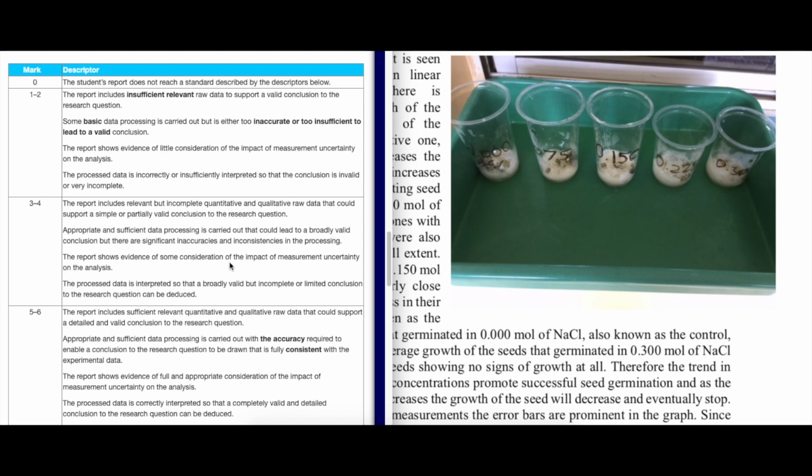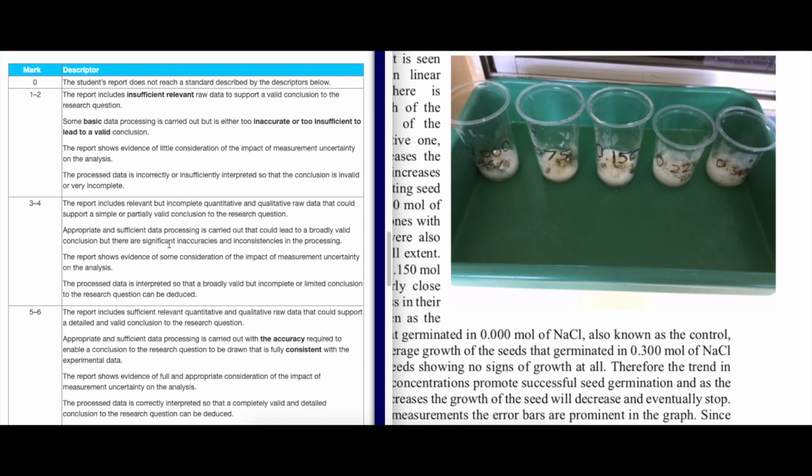The report does show some understanding of uncertainty, though it's not totally correct. The processed data is interpreted so that a broadly valid but incomplete or limited conclusion to the research question can be deduced. All of that applies. And the question, of course, is, would this be a 3 or a 4?